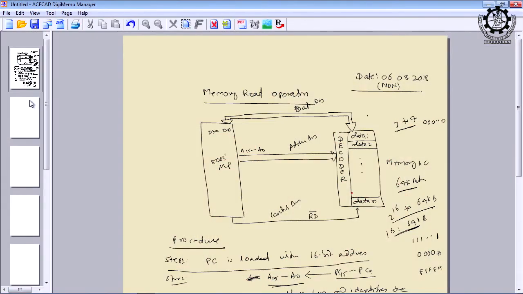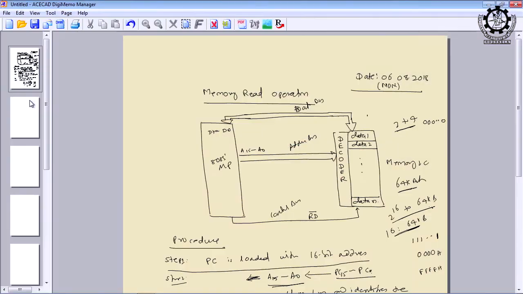Is it okay? By using this decoder, we can easily identify a particular location, and which location will be identified? The address which is available in the address bus, and that is a unique combination. The same location cannot have more than one combination, right.